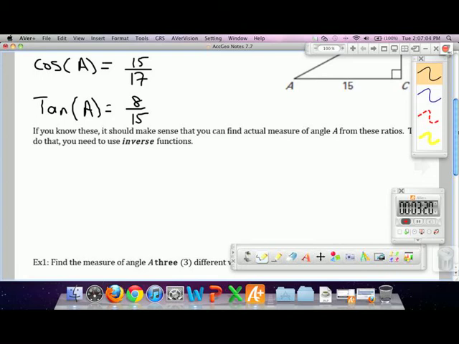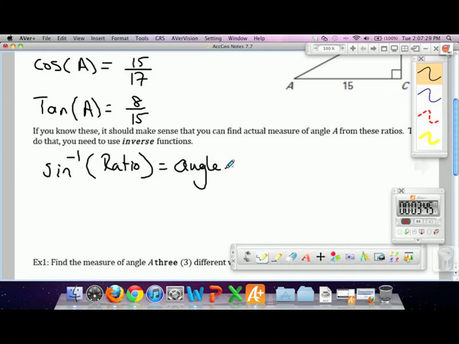So like the inverse of sine is called sine inverse of something. So if we use this inverse sine of the trig ratio that we get, then that'll actually plop out the angle measure that we use.